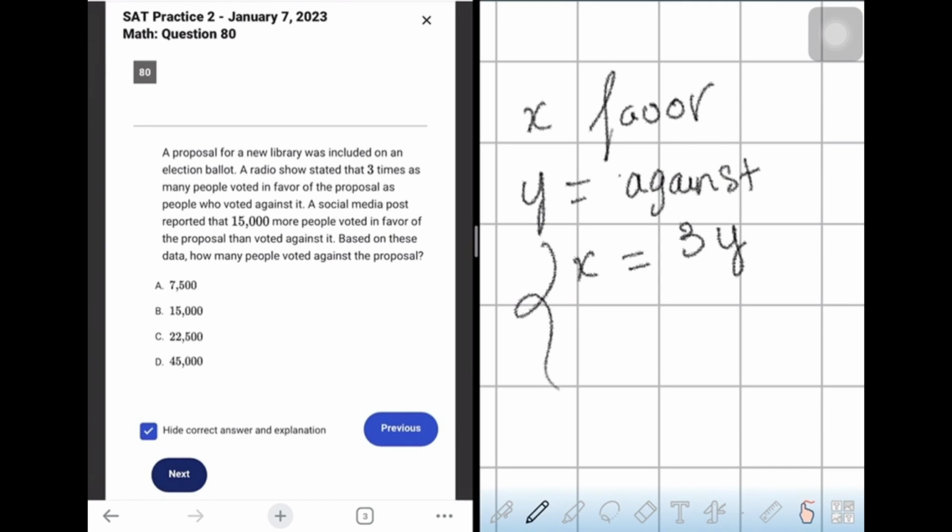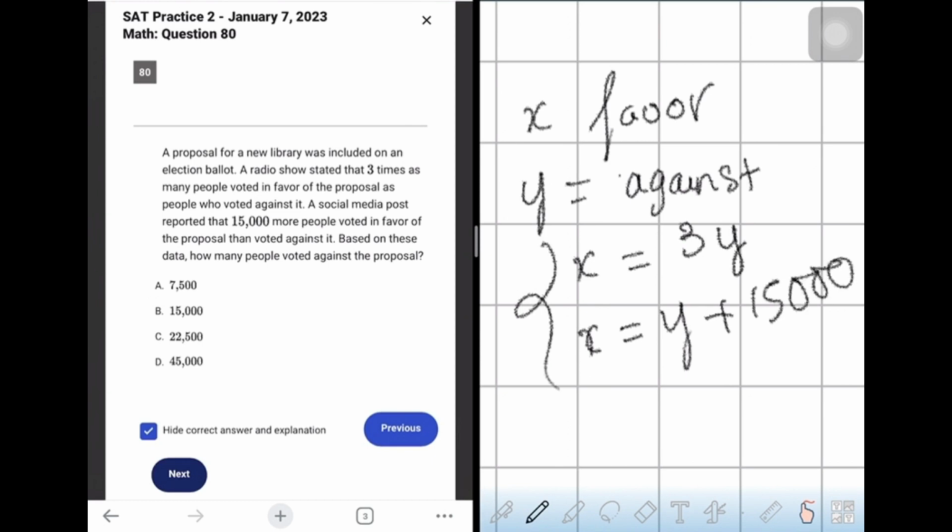And we will have 15,000 more people voted in favor of the proposal than people who voted against it. So it means that x equal y plus 15,000.